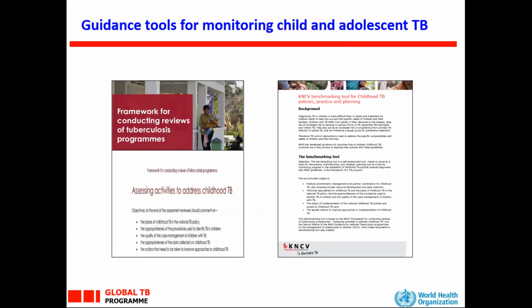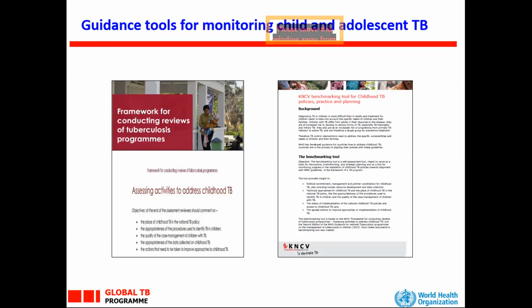So how can we know that we are doing the right thing with regard to the roles of the technical working group? We can use the framework which is provided by the WHO, which stipulates a framework for conducting national program reviews, which looks at different aspects that are needed for successful implementation of a TB program.